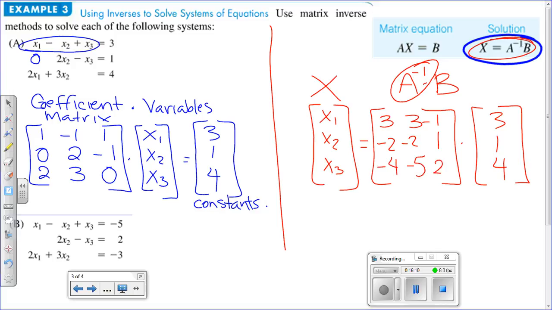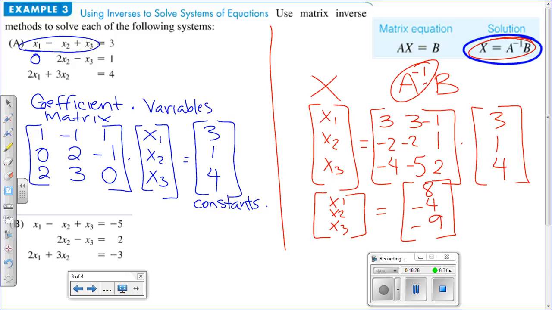Remember, you could find this on the calculator as well. And so if I multiply that, I will end up with the following: x sub 1, x sub 2, x sub 3. And here, I will get the numbers 8, negative 4, and negative 9.